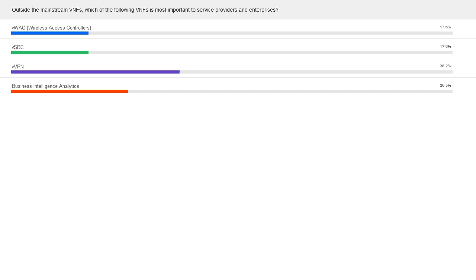Otherwise, yes, that more or less aligns with what I'm seeing in the marketplace. I know the operators are focusing on all of these things. I would have expected vSBC to be slightly higher than it is here, but no huge surprises.